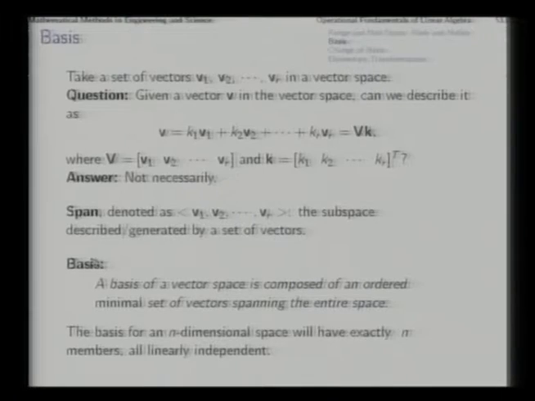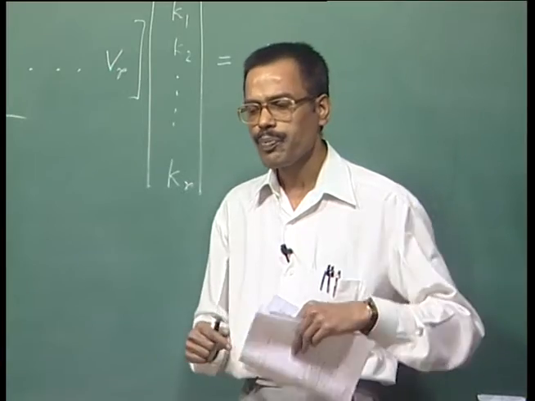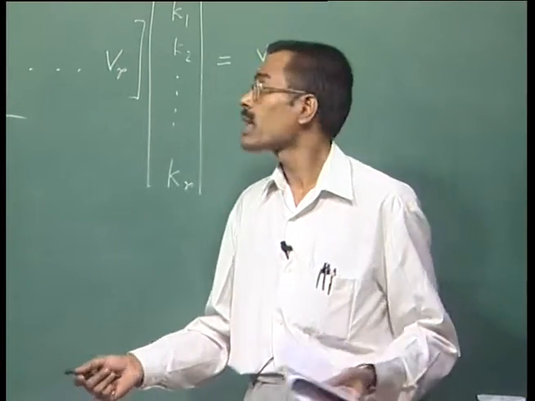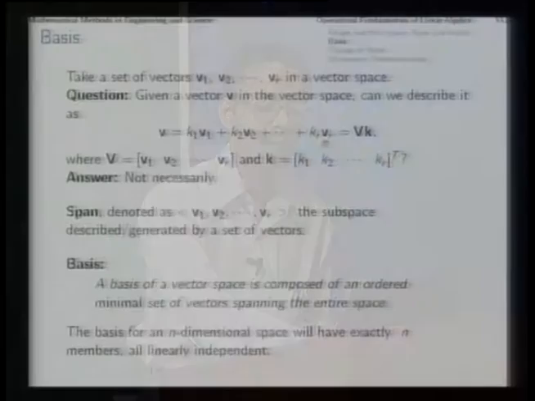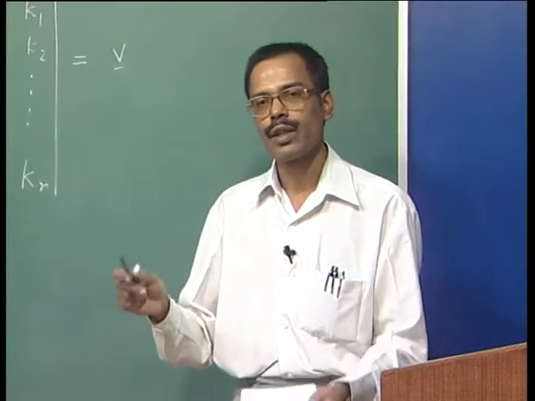Then when we look for the complete basis of a vector space, we define it in this manner. A basis of a vector space is composed of an ordered minimal set of vectors spanning the entire space. That means that after we collect so many members v1, v2, v3, v4 etc., such that all vectors in the vector space can be expressed in this manner, when finally the answer to this question turns out to be yes after collecting enough, then we ask whether we can do with fewer vectors in this collection.